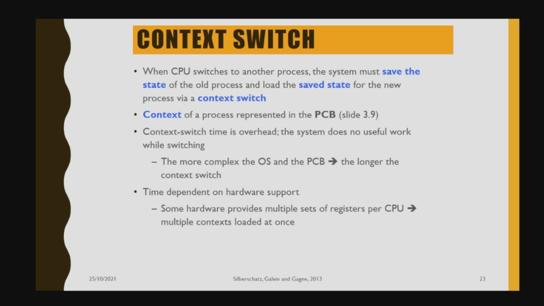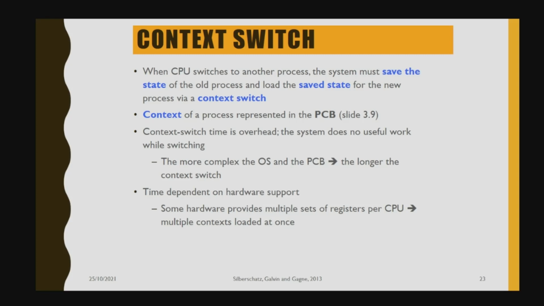Context switch time is overhead, and the system does no useful work while switching. The more complex the operating system and the PCB, meaning the process control block, the longer the context switch. The time depends on hardware support.